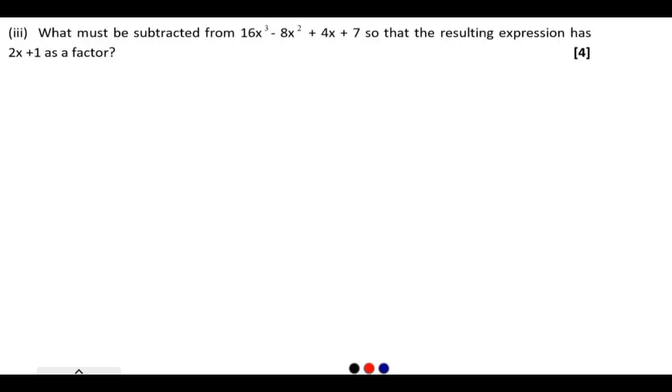Third part, what must be subtracted from this function so that the resulting expression has 2x plus 1 as a factor. Let the required number be c.